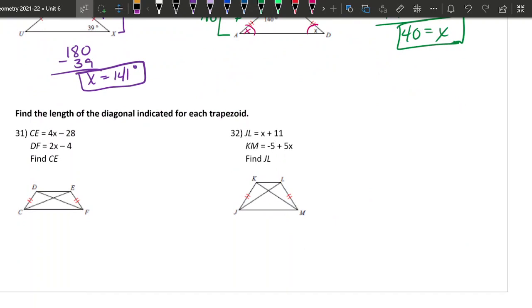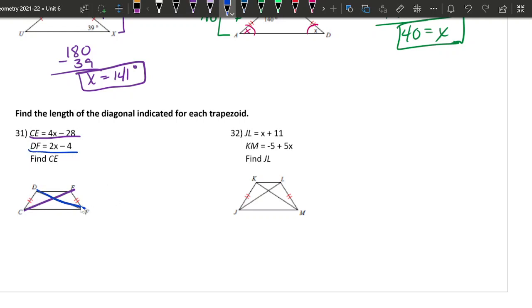All right, so then find the length of the diagonal indicated for each trapezoid. So now we're talking about diagonals of trapezoids, and these are isosceles trapezoids. For isosceles trapezoids, diagonals are congruent. That's the property. So then we look to see what we have here. We have that CE is 4x minus 28, and we have that DF is 2x minus 4.